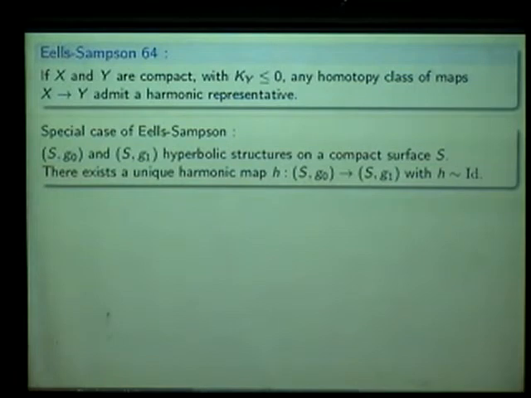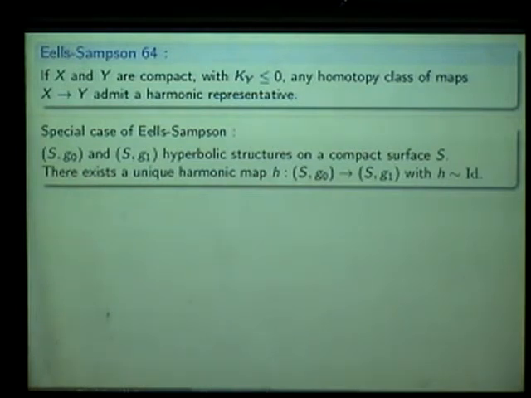And this result, with some work afterwards, gives you a parametrization of the Teichmüller space of S by the space of holomorphic quadratic differentials. But I will not dwell on this. Rather, I would like to ask whether you can relax in this last statement the compactness assumption.